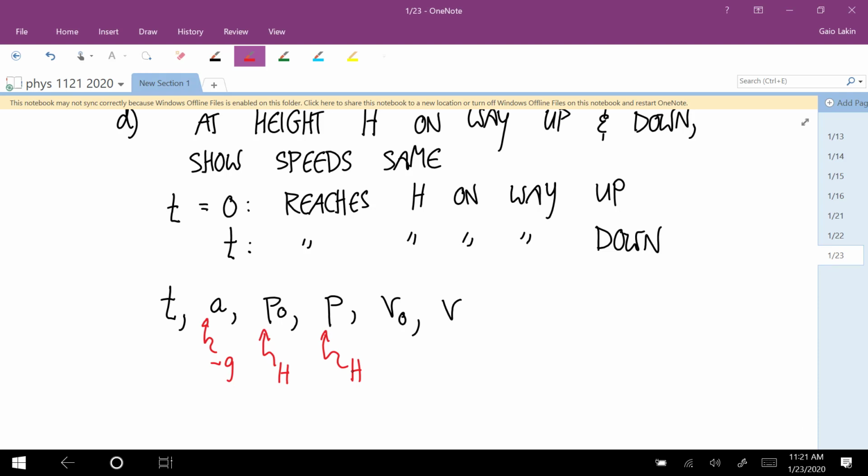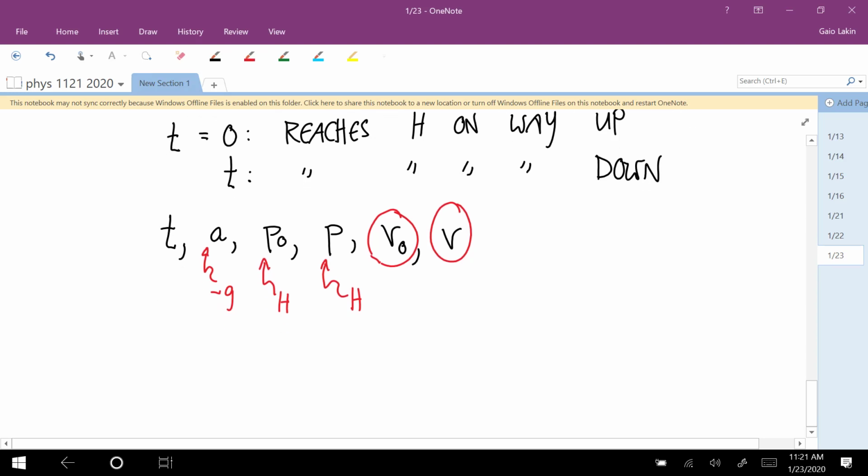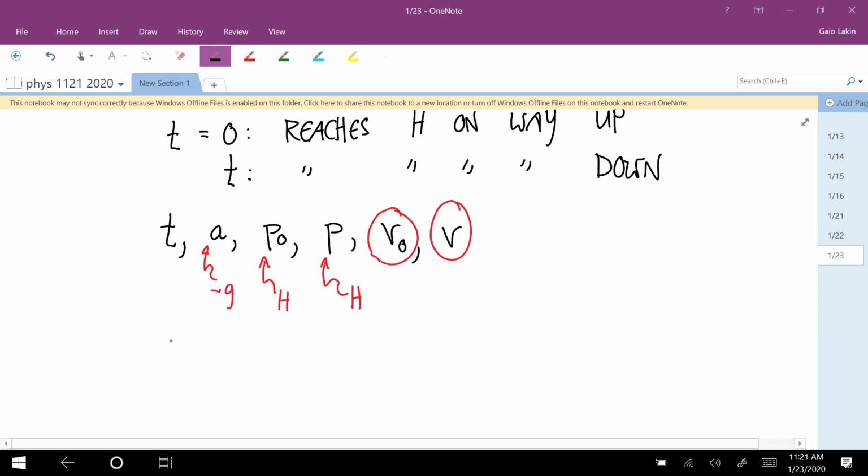And let's just fill this in and see what we learn about these two. So if we go to this equation, 2a times the quantity p minus p0 is equal to v squared minus v0 squared.